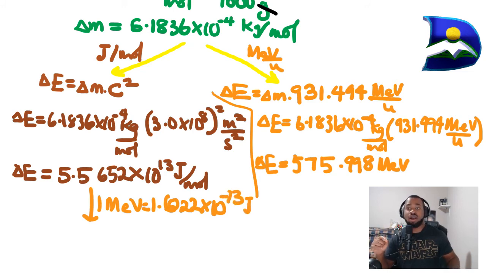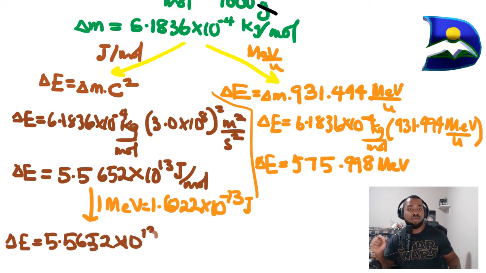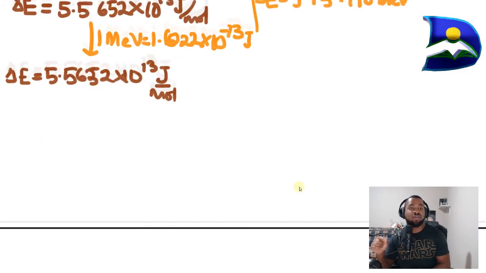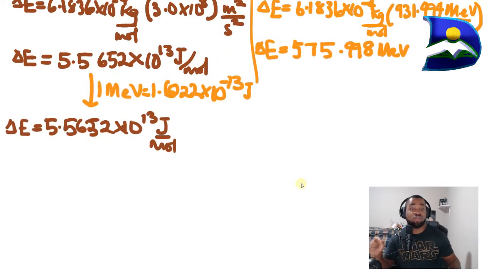So therefore, our change in energy using this method is that we'll have to perform an operation with our specific two numbers. And so to determine that, we have to actually, in this case, divide our joules per mole by our specific mega electron volts with respect to joules.